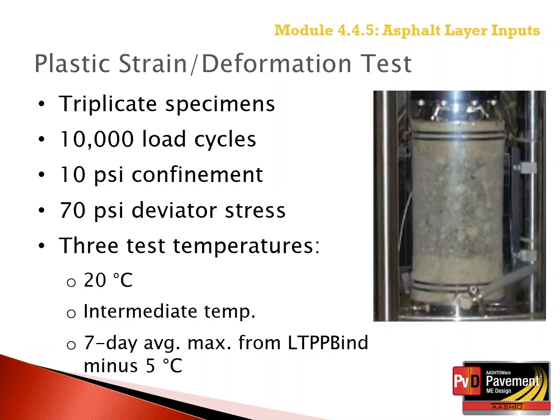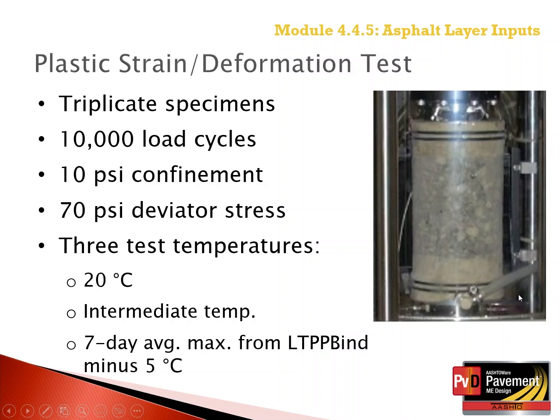This slide summarizes the testing conditions of the repeated load plastic deformation test. This test is conducted at one or multiple test temperatures using 10 psi confinement, and the specimen is encased in a membrane with a deviator stress of 70 psi.